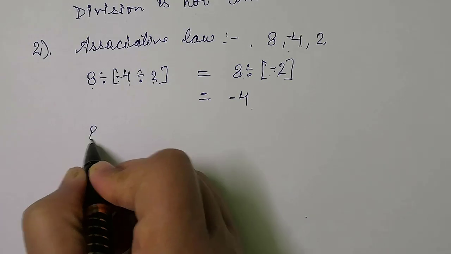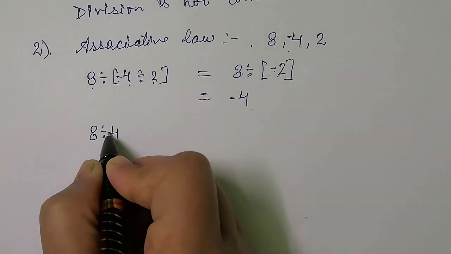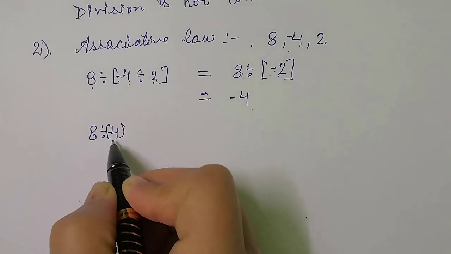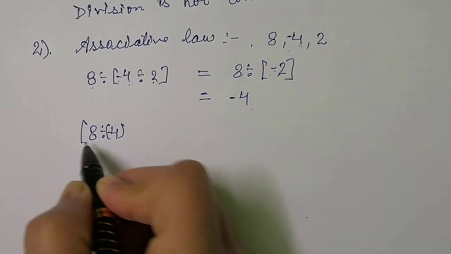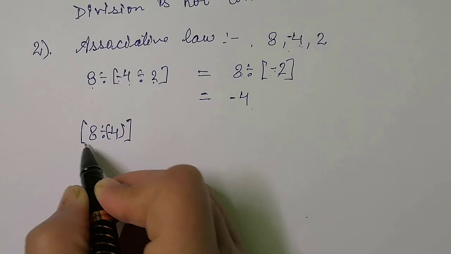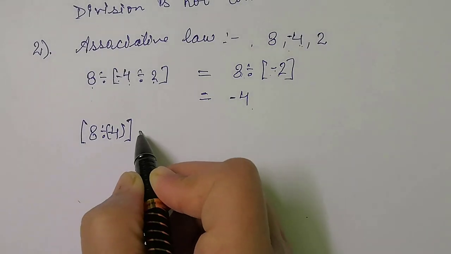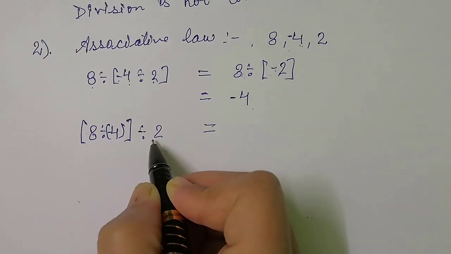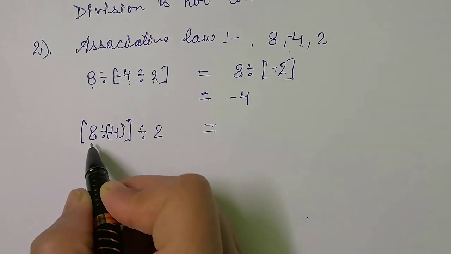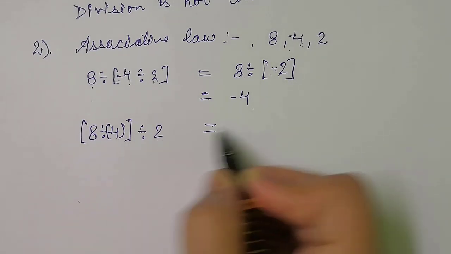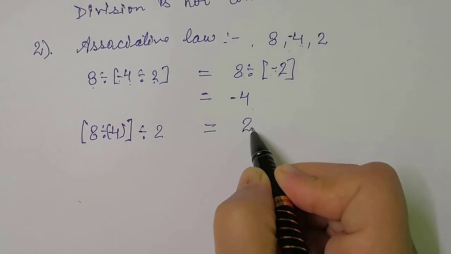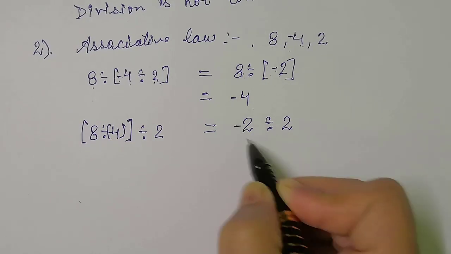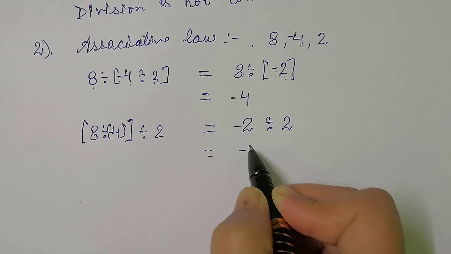First of all, 8 divided by minus 4, this minus will come in the bracket. Here we close this by the big bracket. Now divide by 2. We keep 2 separate. When we divide 8 by minus 4, then we get minus 2, and when we divide minus 2 by 2, then we get minus 1.